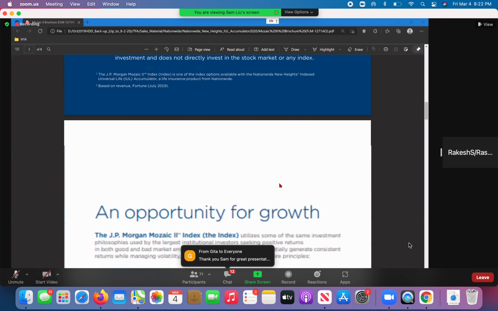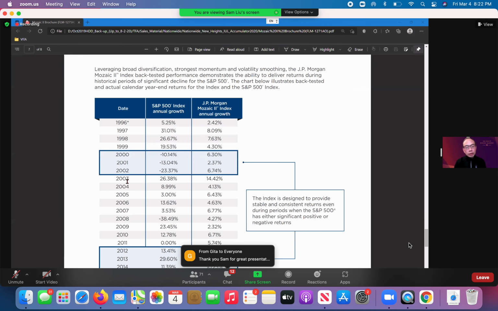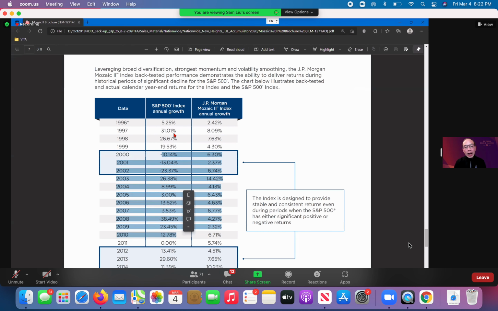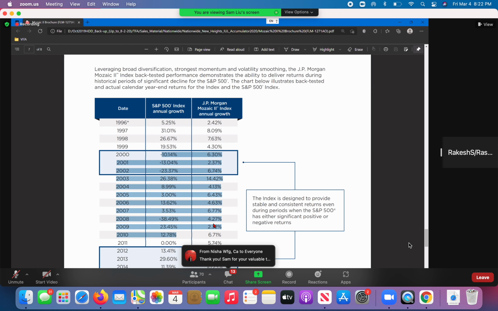So you take a look at that. 2000 until 2010. That is the actual S&P 500, the actual in the middle column. Now, if I were to use one of the IUL strategies, this one, JP Morgan, you take the averages right there. Right?